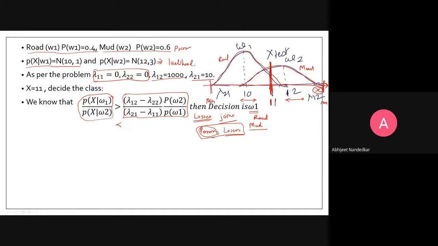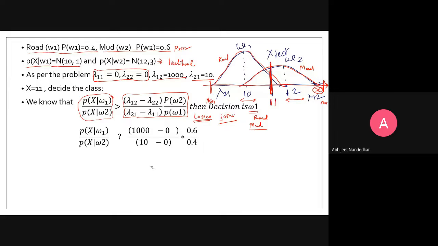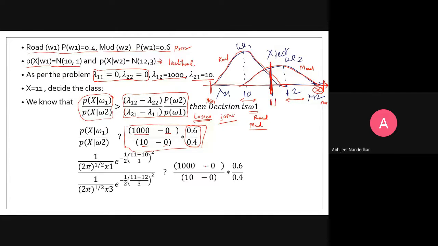Now let us see how we can proceed. I substitute the values of the losses that are given to us. So I know that it is 1000 for lambda 12 minus 0, then 10 for lambda 21 minus 0, and these are the priors already known to us. So this is the theta.